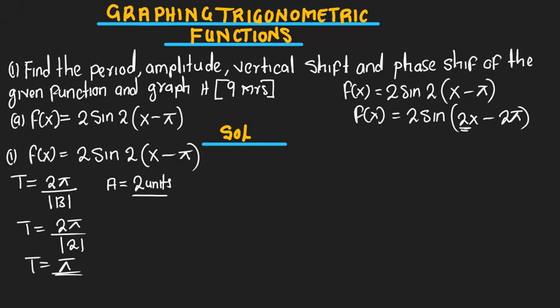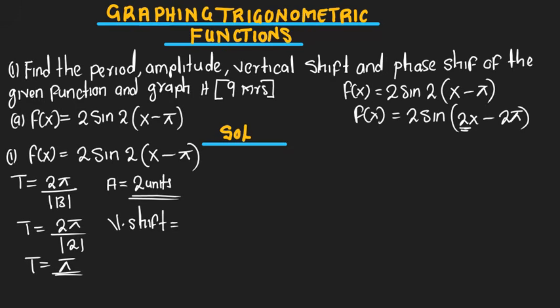Now, they are saying we calculate the vertical shift. How do you find the vertical shift? To find the vertical shift, just say a constant. Okay? Just say constant. So whenever you say constant, you are simply talking about the value of c in an equation.